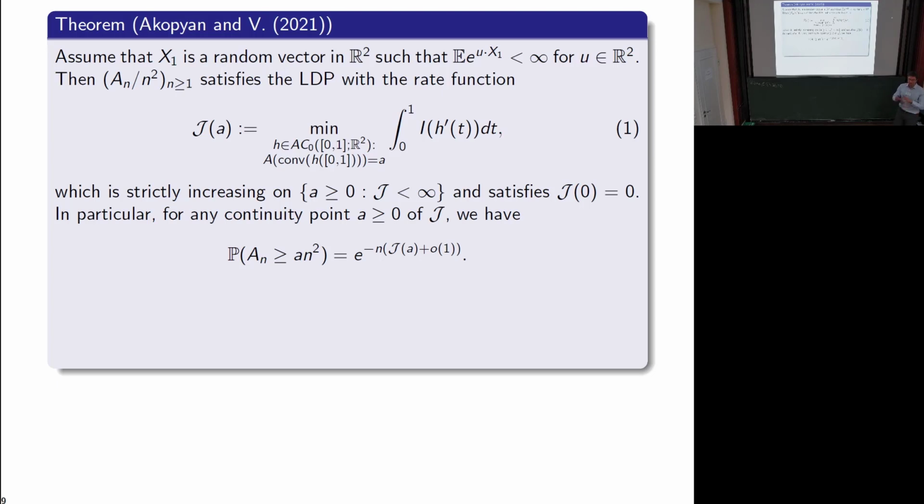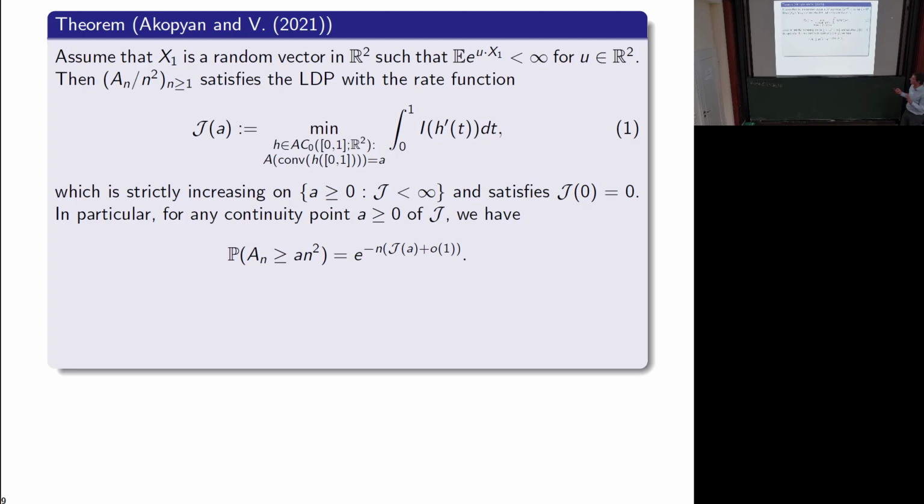Mogulskii's result, which gives us the large deviation principle for trajectories, lets us easily obtain a large deviation principle for the area, under the assumption that the Laplace transform is finite on the whole plane. The theorem says that the area A_n divided by n squared, so the scaling is unsurprising, satisfies the large deviation principle with a certain rate function.